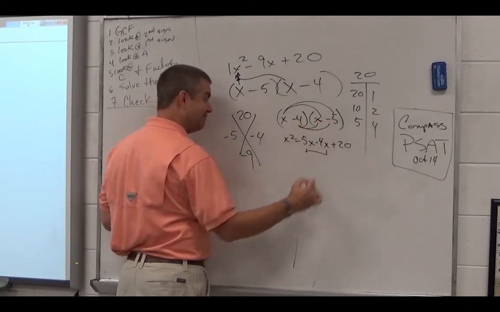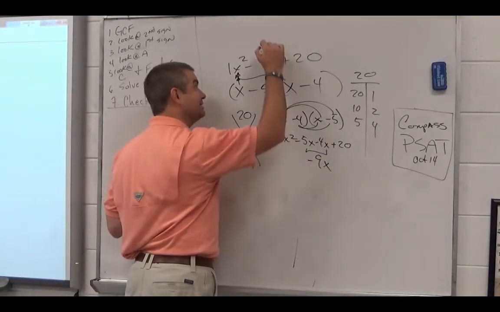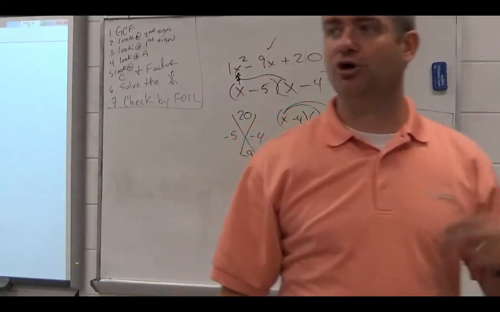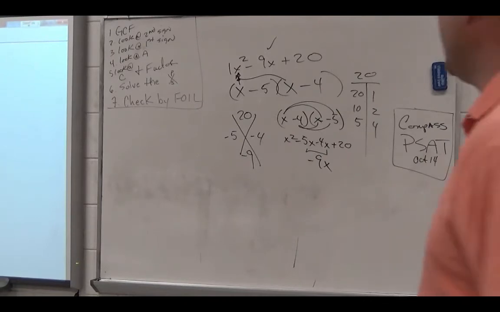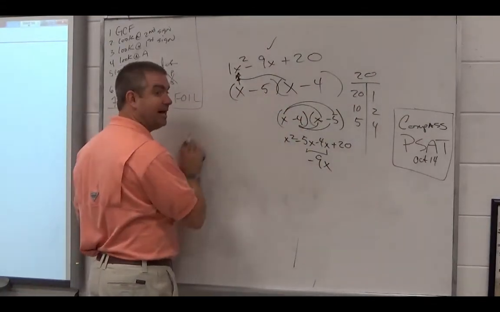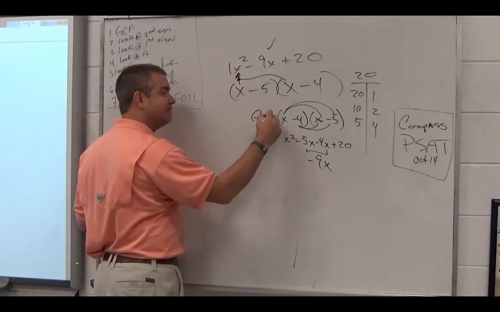What does negative 5x and negative 4x add up to? Negative 9x. Is that what I wanted? Yes. You have to check to make sure on every single problem that what you factored it into gives you the original equation. If there happens to be a GCF, if you factored out a GCF, it would have to be right there.